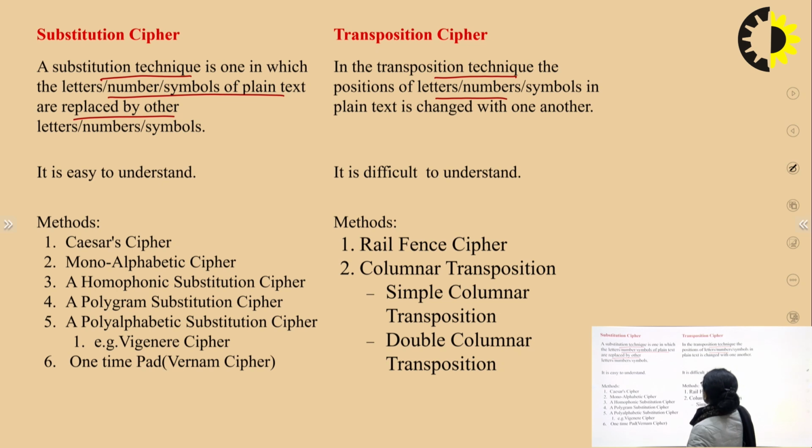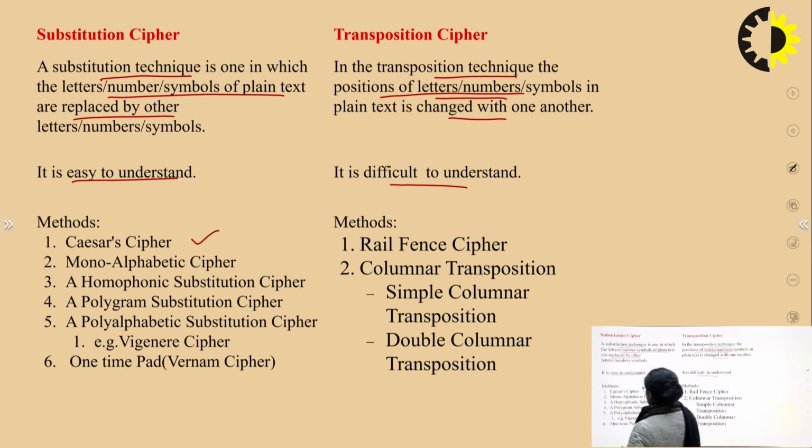We change the positions of the letters or symbols that appear in the plain text. Comparatively, the substitution cipher is easier to understand than the transposition cipher. Some examples of substitution cipher are Caesar cipher, monoalphabetic cipher, homophonic substitution cipher, Vigenère cipher, one-time pad cipher, and so on.